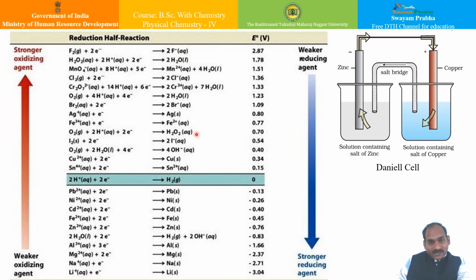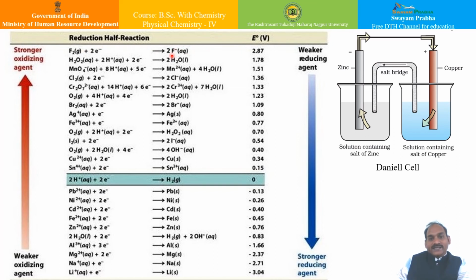Similarly, if the standard electrode potential is negative, then the hydrogen gas is more stable than the reduced form of the species. Okay, so it can be seen that the standard electrode potential for, say, fluorine is the highest in the table. What does it indicate?